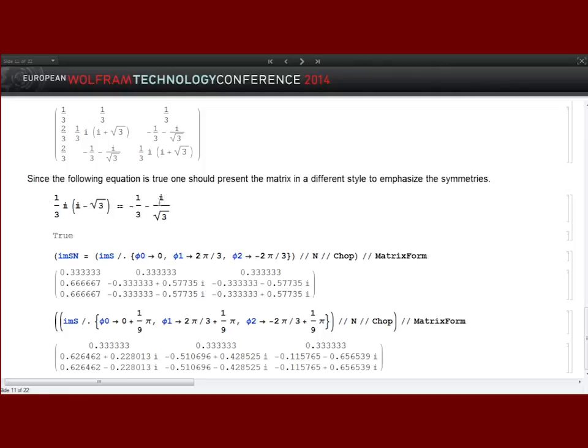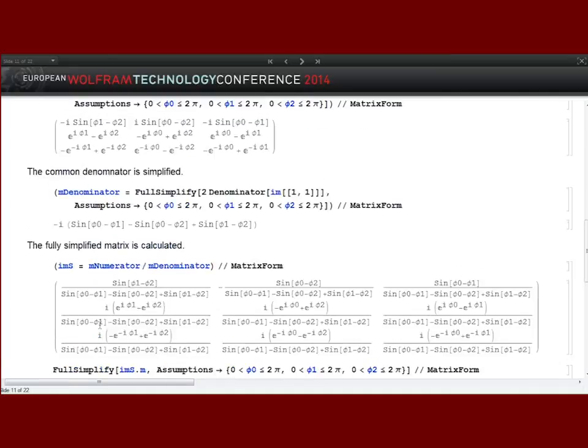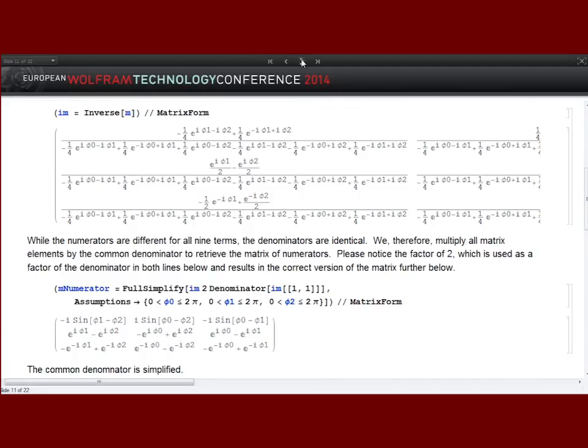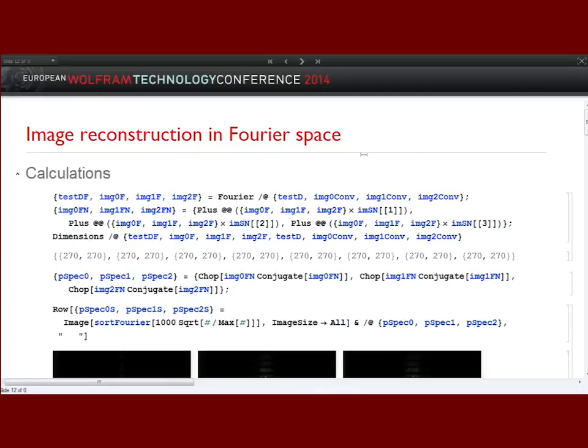I'm also performing tests here, as you can see, because I'm not quite sure whether it's exactly the same, and so on. And then I get various different versions of my matrix, a numerical one, and then also symbolic ones, and so on. But this is usually quite easy, and that has caused a lot of confusion, I have to say, in the literature, because, of course, it was miscalculated every now and then.